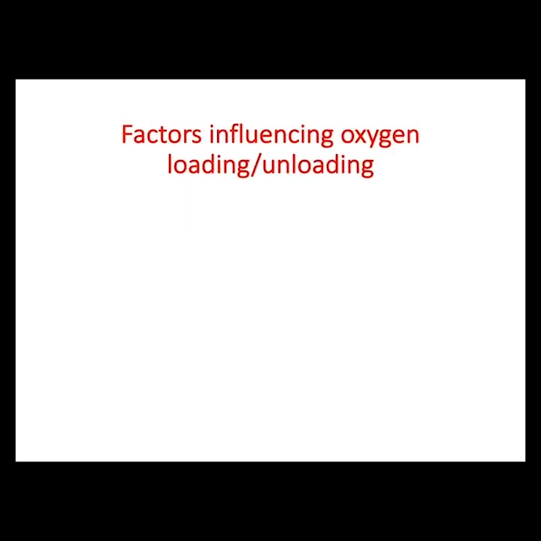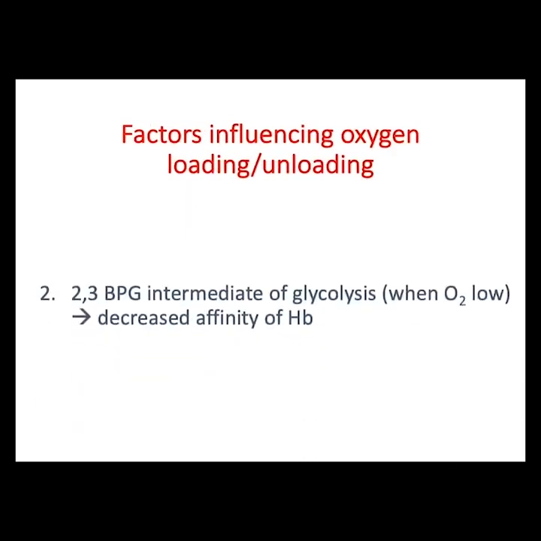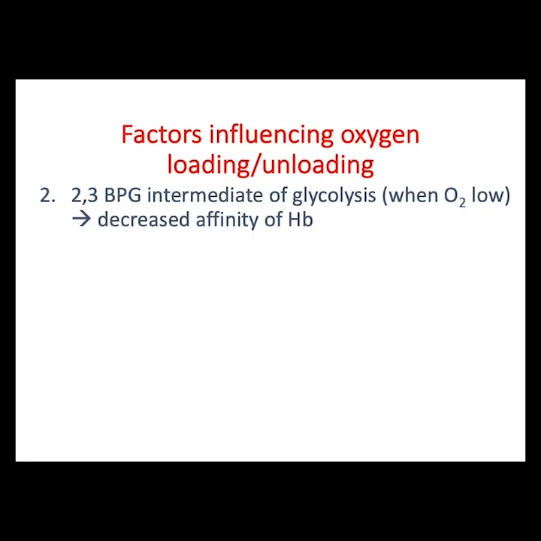A second factor influencing oxygen loading and unloading by the hemoglobin is a chemical called 2,3-BPG, or 2,3-bisphosphoglycerate. 2,3-BPG is an intermediate of glycolysis, and is produced by red blood cells when oxygen levels are low. It decreases the affinity of hemoglobin for oxygen, leading to the unloading of oxygen.